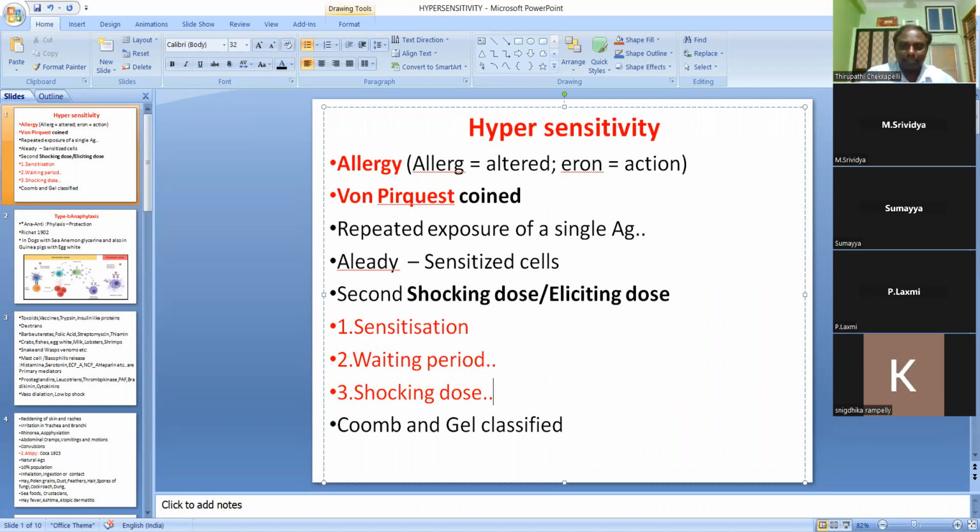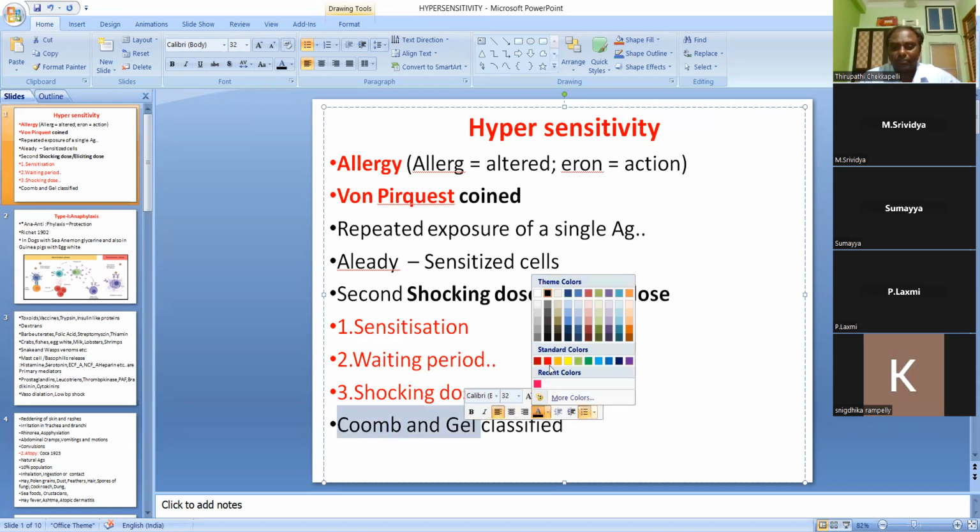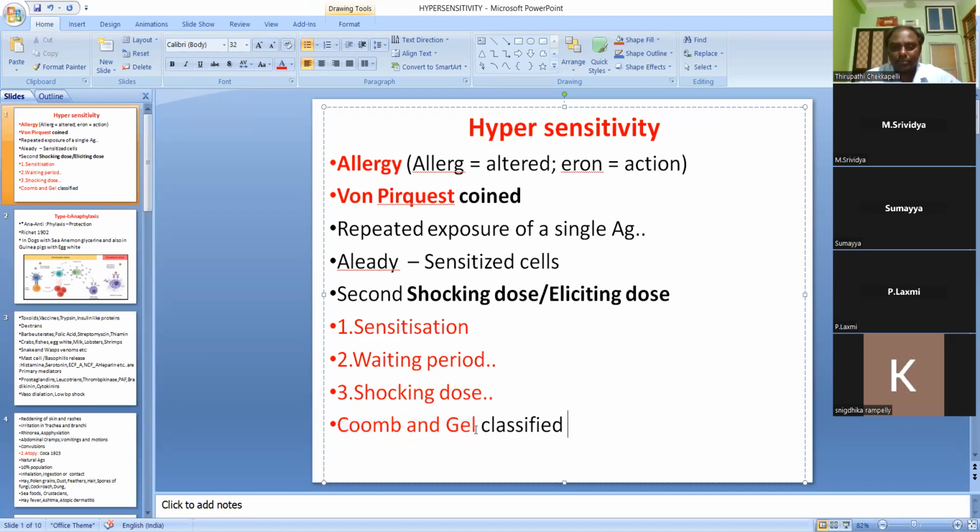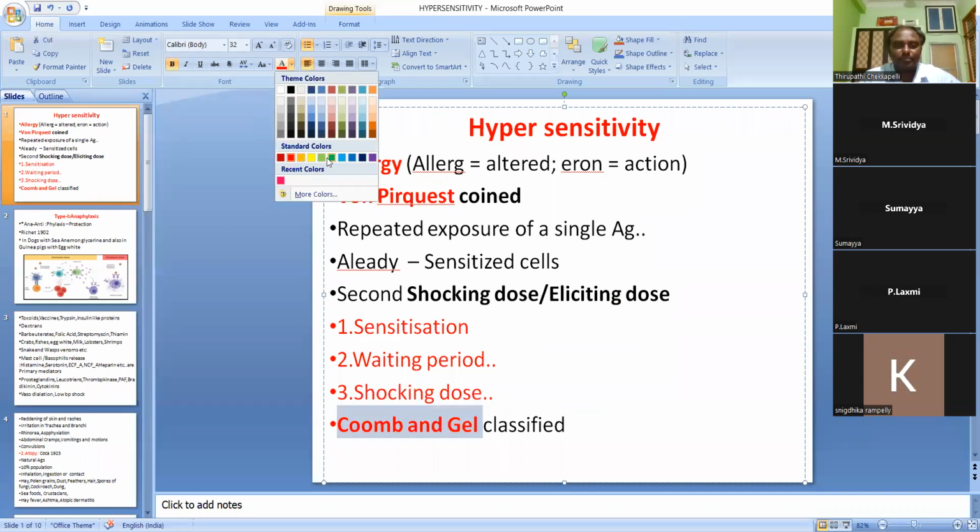Whenever the same antigen enters next time, the reaction of the immune system is very aggressive and very harmful in some cases. That leads to hypersensitivity. These are the three steps involved.